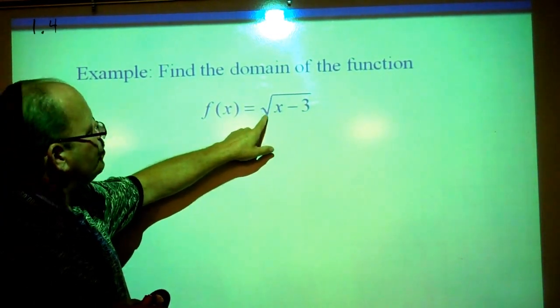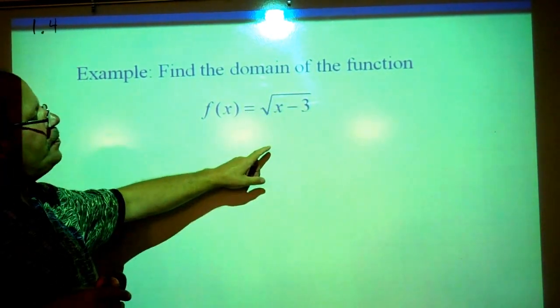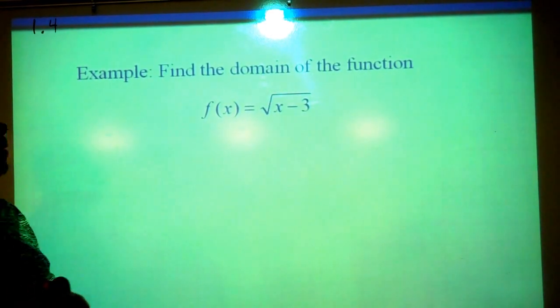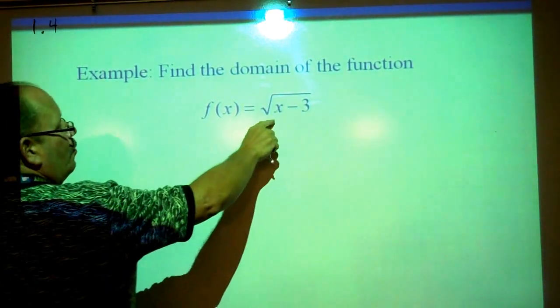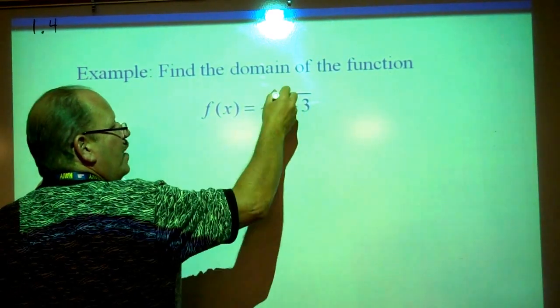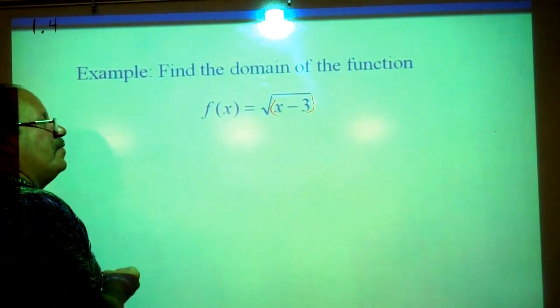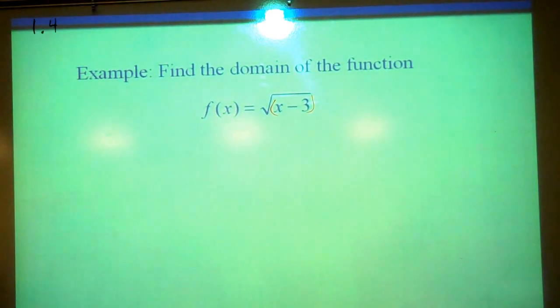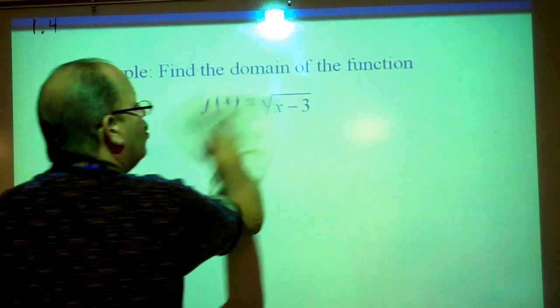So here's a square root. We know that you cannot take the square root of a negative number. So we look for what would make the value in here negative. What would make x minus 3 a negative number? And those are going to be the values that don't work.